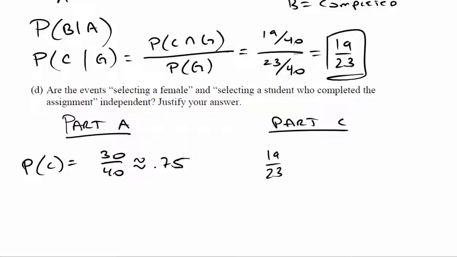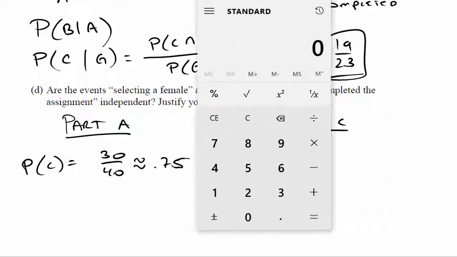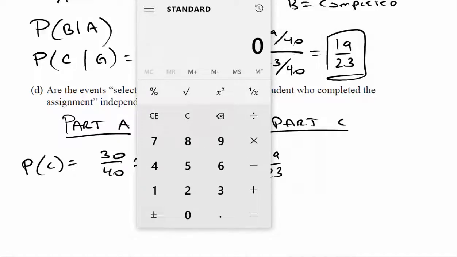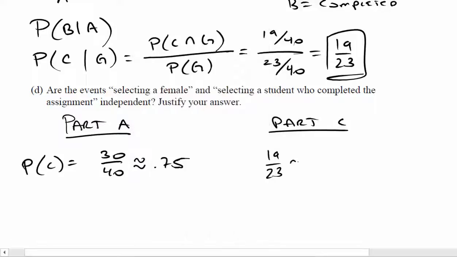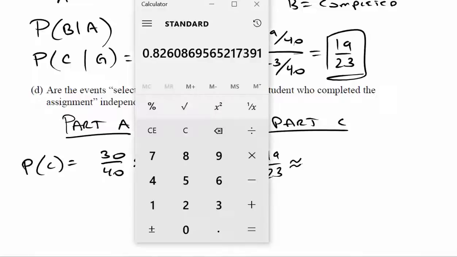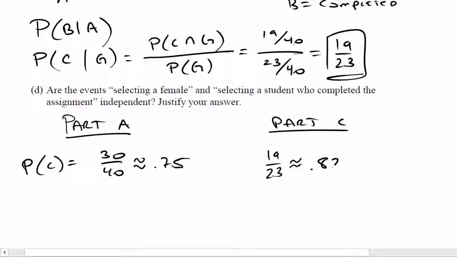So I'm going to get the calculator. Here we go. And simply do 19 divided by 23. This answer is approximately 0.8261. You can clearly see these two are not equal.